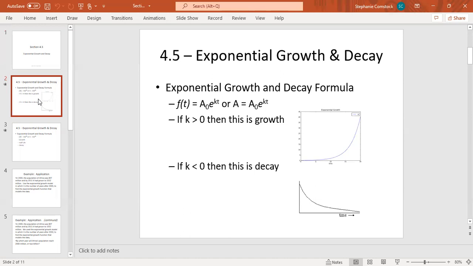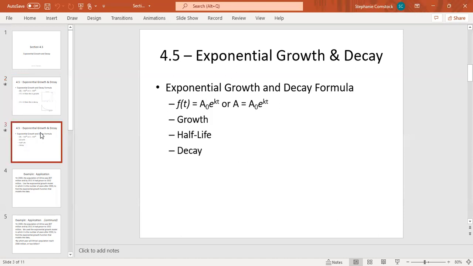Now, with decay, the value is going to be negative. And again, it could be a small negative number, a large negative number, but either way, it does indicate that it's decreasing. Now, again, the more negative the number is, the faster it's decreasing. So we'll see that later on as we process through.